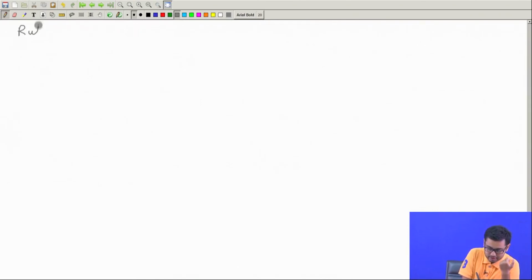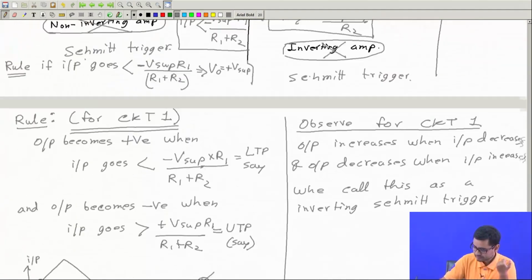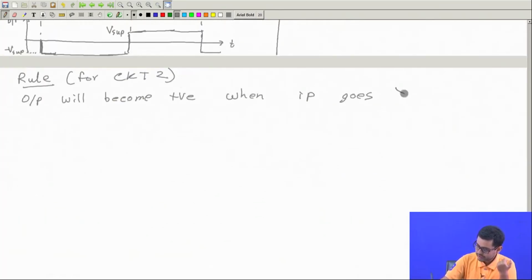The rule for circuit 2: output will become positive when input goes above this V supply R1, goes above V supply R1 by R1 plus R2.